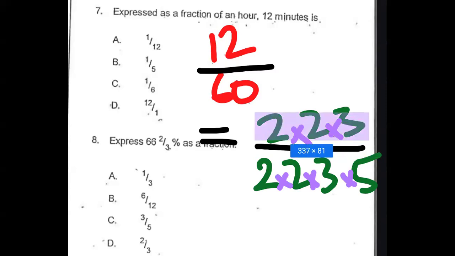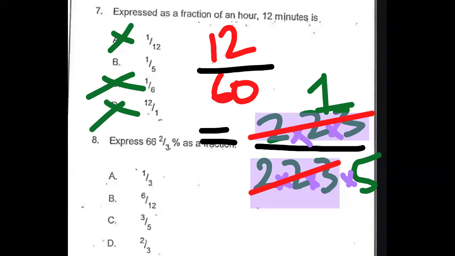The prime factors of 12 are 2 by 2 by 3, whereas 60 is 2 by 2 by 3 by 5. Right? And of course, what is the HCF? 2 by 2 by 3, and another 2 by 2 by 3. So if we draw a line through those, this divided by this gives you 1.